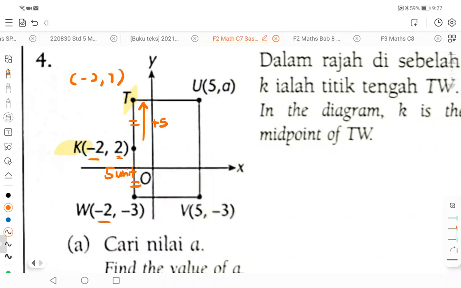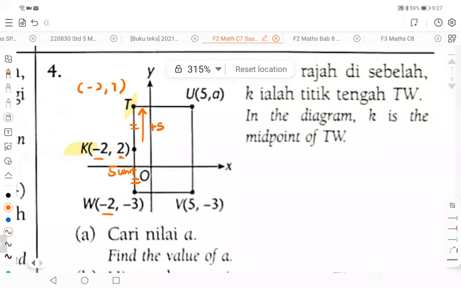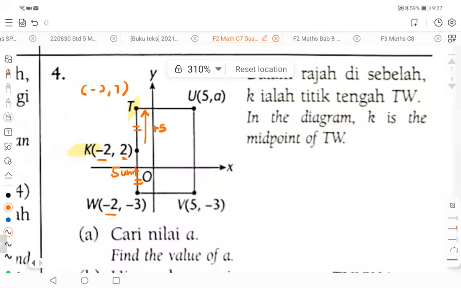So what is the value of A? A equal to? Point U and point T are at the same level, same floor, same height.